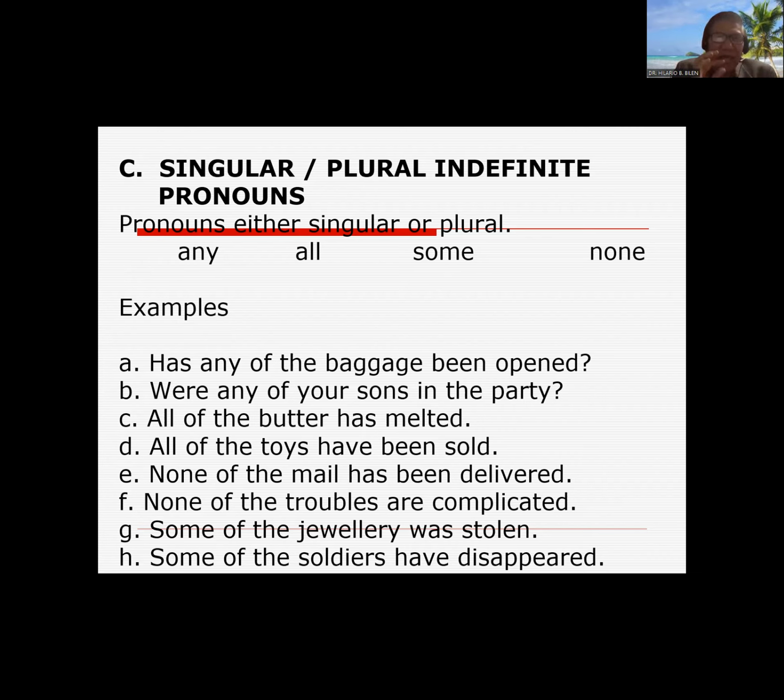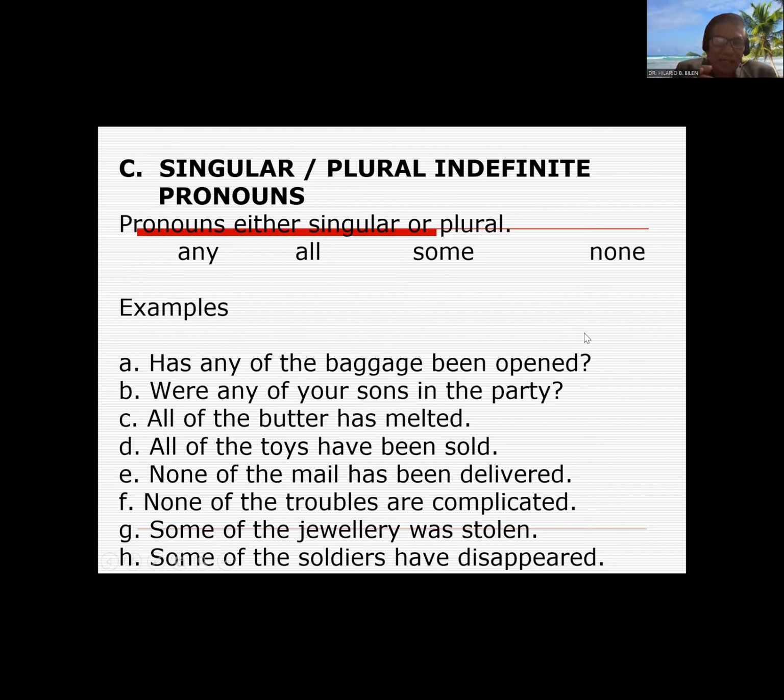Has any of the baggage been opened? So you are talking about singular here. Were any of your sons in the party? Come again, whether singular or plural indefinite pronouns. All of the butter has melted. All of the toys have been sold.